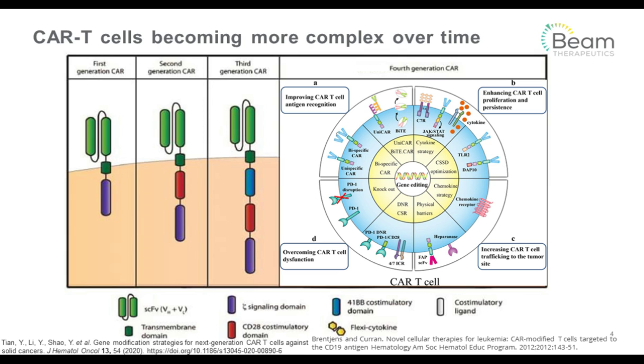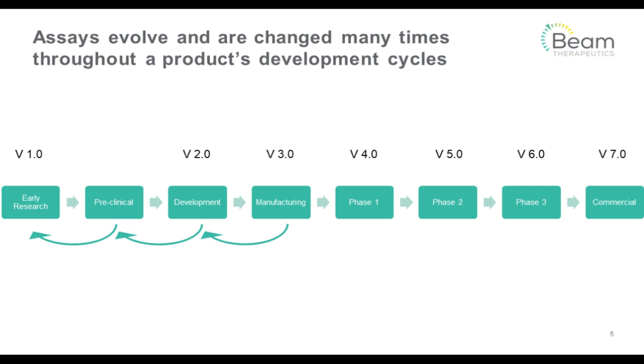While CAR T cells are already complex products due to the nature of them being a cell therapy, each generation of successive CAR T products is becoming even more complex over time, with the integration of multiple signaling receptors, gene editing technology, and synthetic biology that is also requiring analytics to keep up with its complexity over time.